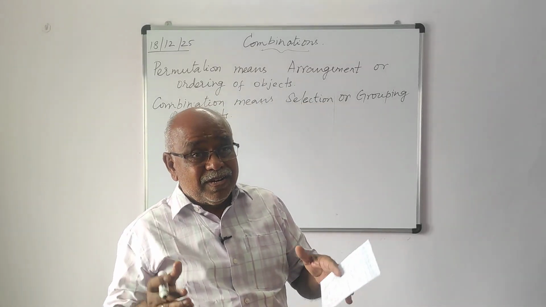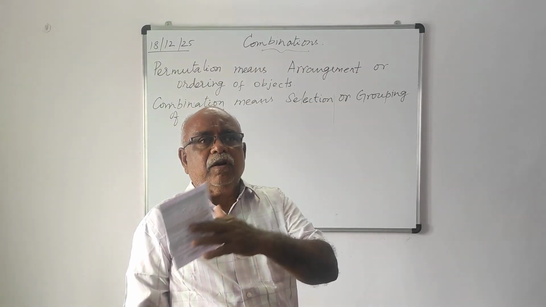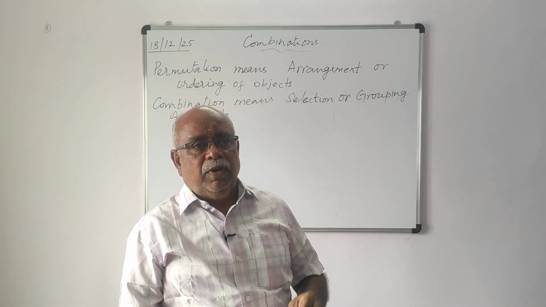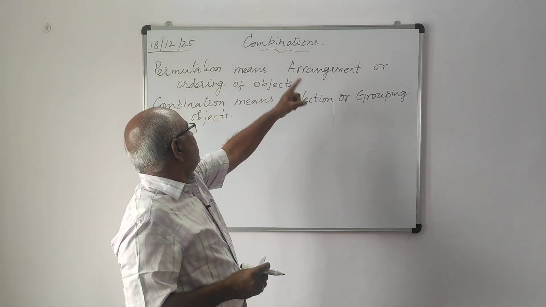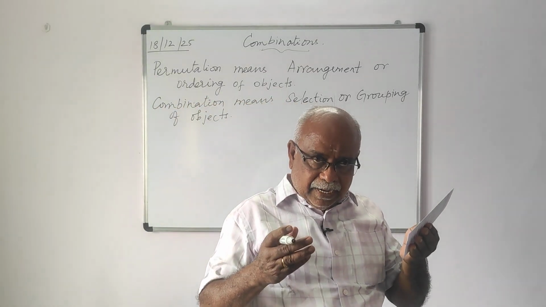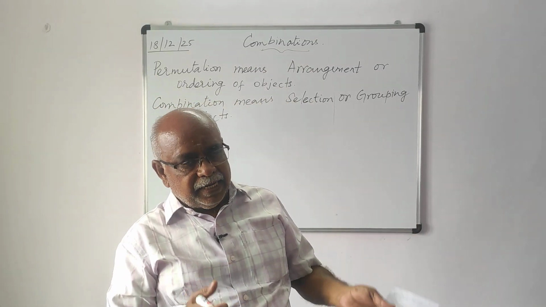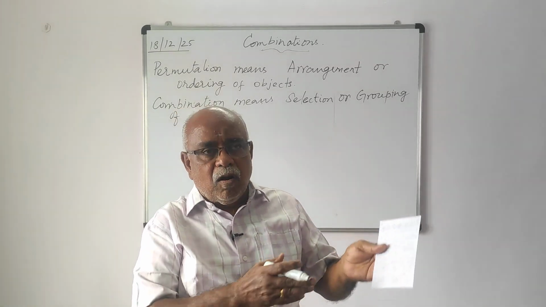Combination means just a selection of objects. What is the difference between permutation and combination? Permutation means arrangement or ordering of objects. Permutation means selecting the objects, and after selecting the objects, we have to arrange or order the objects.